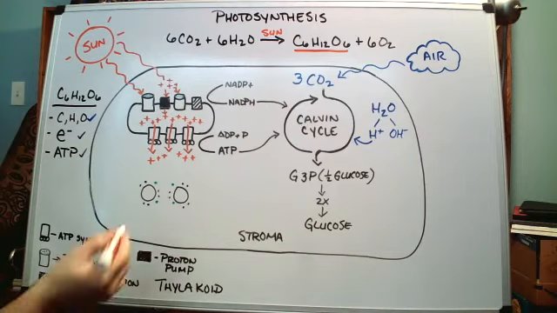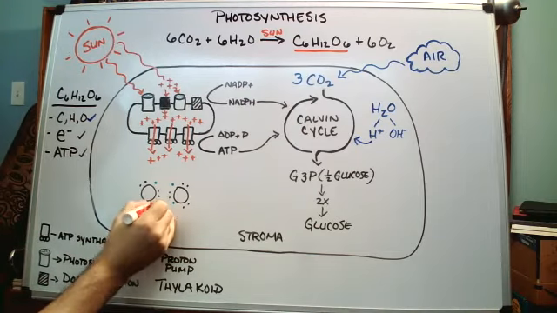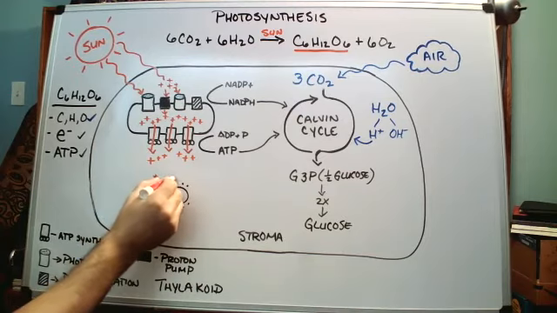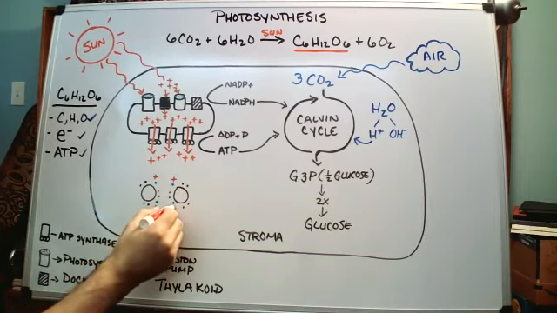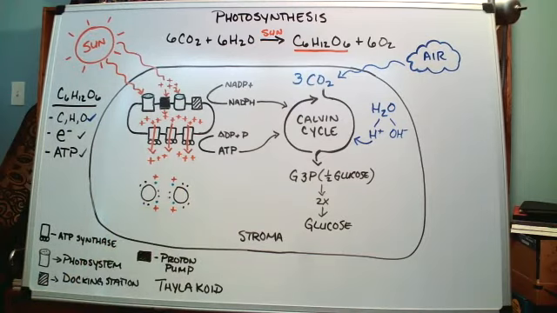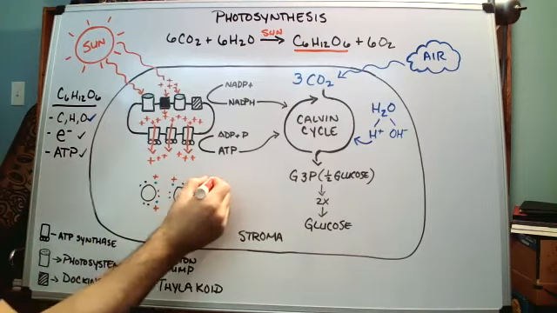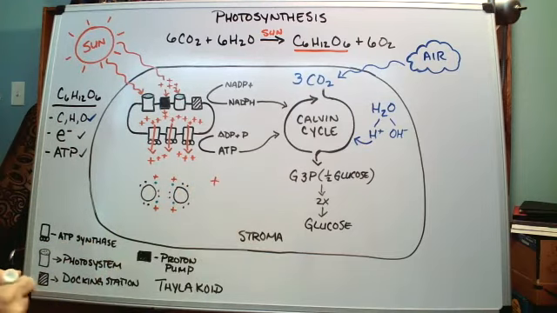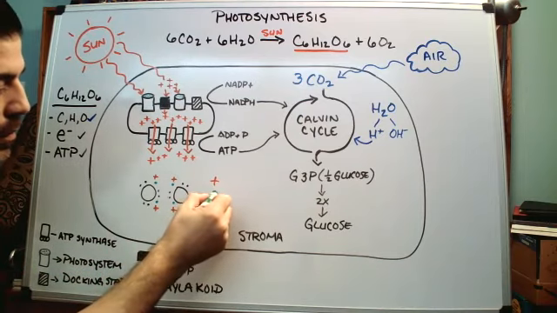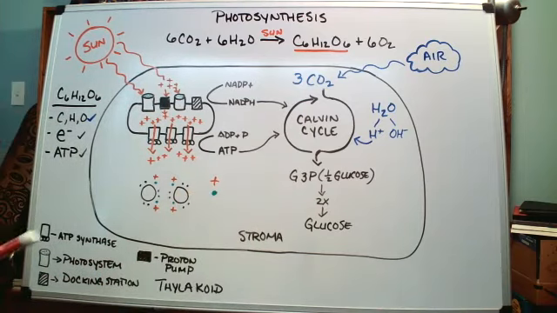Those negative charges are going to attract protons, because there's protons floating around in the matrix of the mitochondria. And anytime you have a proton and an electron, that makes hydrogen.